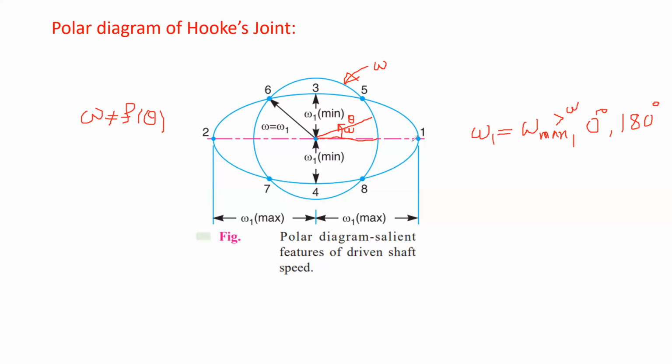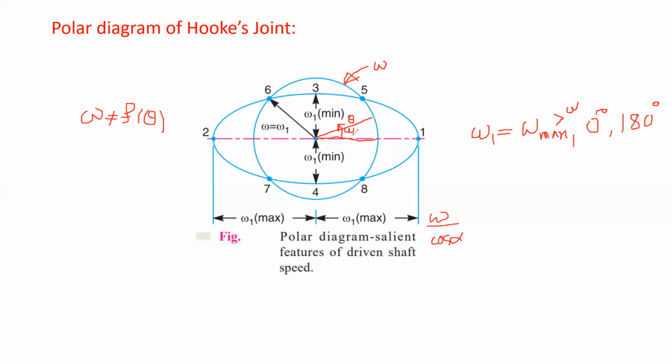So at 0 angle, when the radius of the circle represents omega, to represent omega 1 maximum I have to take more length, up to this point, and this length will be equal to omega 1 max. The value of omega 1 max is nothing but omega upon cos alpha, as we have seen.